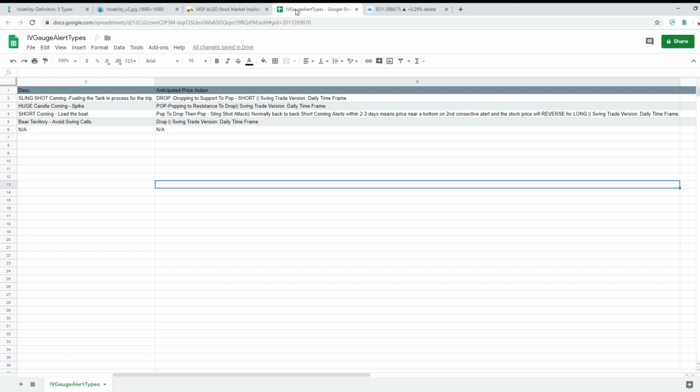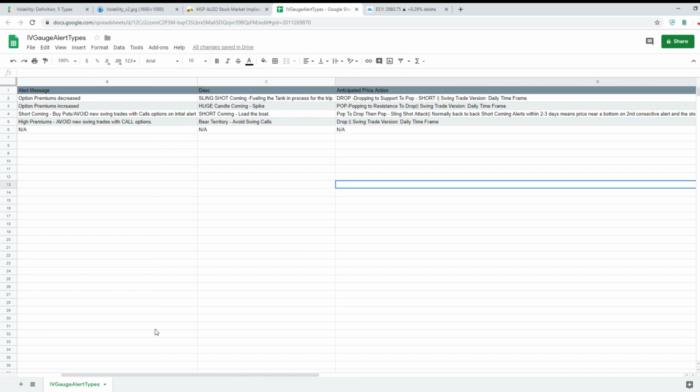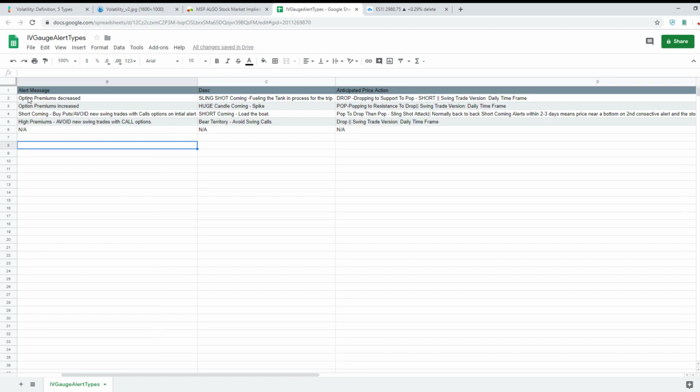So we have what we call options premiums decreased, option premiums increased, shortcoming, buy puts, avoid new swing trades with call options on initial alert. And then we have high premiums, avoid new swing trades with call options.